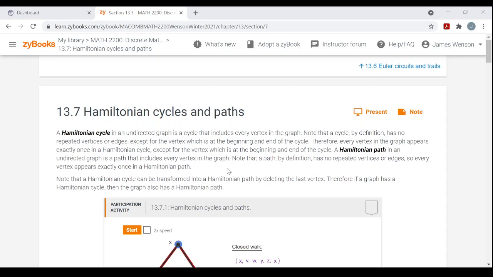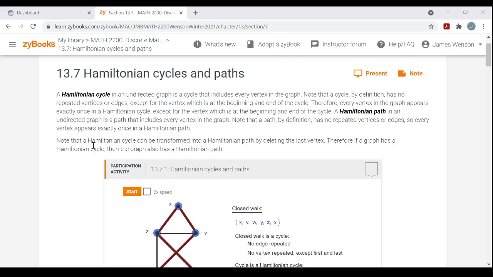All the Euler stuff from section 13.6 included every edge. The Hamiltonian cycles and paths here include every vertex, so not necessarily every edge. You don't have to use every edge, just so that every vertex is in there.